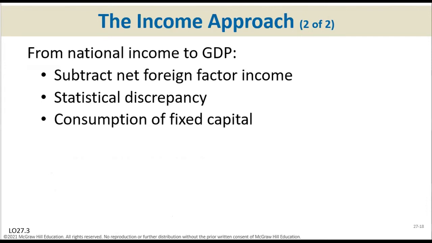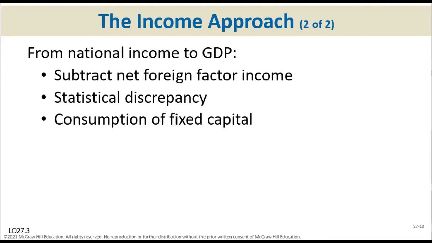So from the national income, we'll make some adjustments. Under the income approach, all expenditure on final goods and services flows as income either to private citizens or government. So to move from the national income to GDP, we'll make some adjustments that we'll look at later.